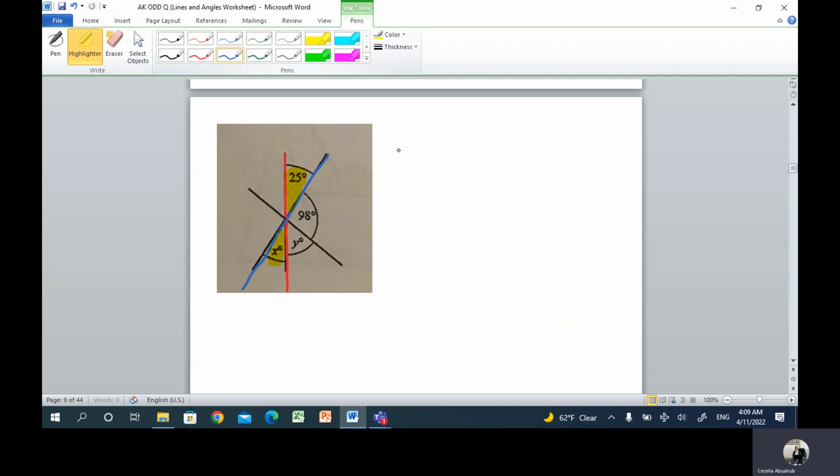So I'm going to start with x is equal to 25 degrees because vertically opposite angles are equal. Okay? All right.